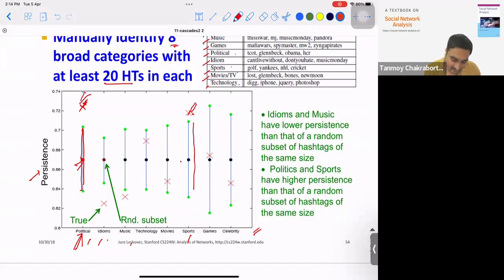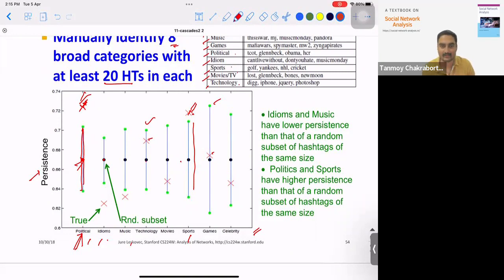Whereas events like technology, right, and game, right, here you see that the actual persistence value is higher than the mean random persistence value, but they actually fall within the standard deviation range.